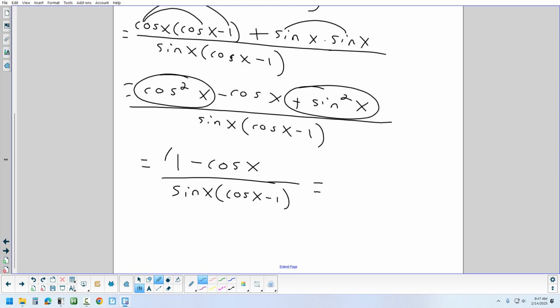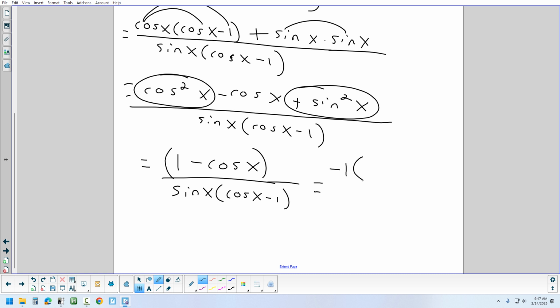How could I make the top that's in parentheses look like the bottom that's in parentheses? I'd have to factor something out. Factor out a -1, and watch what happens in the top.